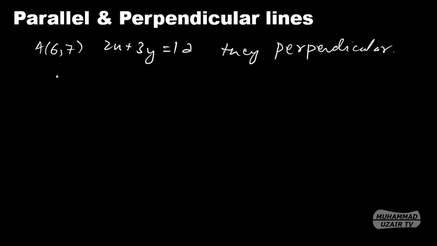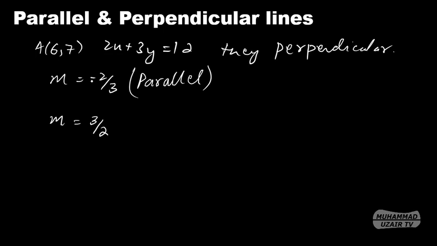Now what we do, as we already found the slope from this equation, the slope is m is equal to minus 2 divided by 3. As these are perpendicular to each other, the slope will be different. In the parallel case the slope is the same. In the case of perpendicular, the slope will be the reciprocal and positive. As this is negative, this will be positive. So this will be the condition for perpendicular.